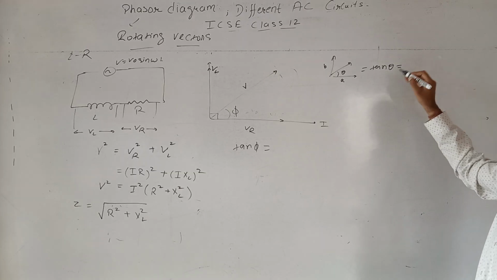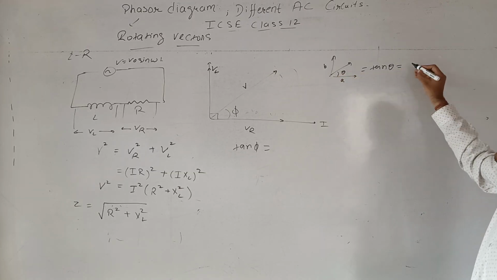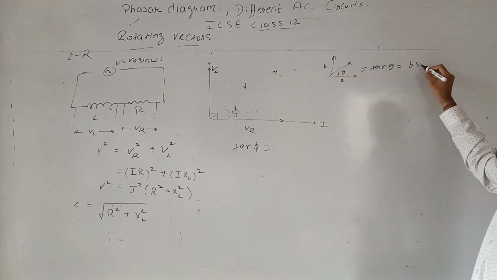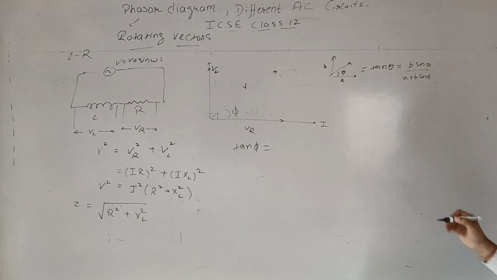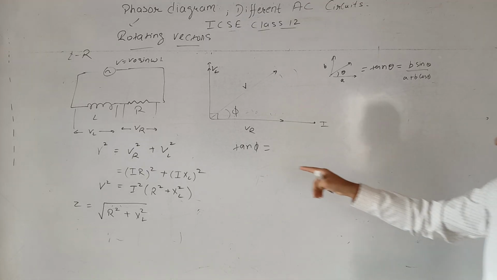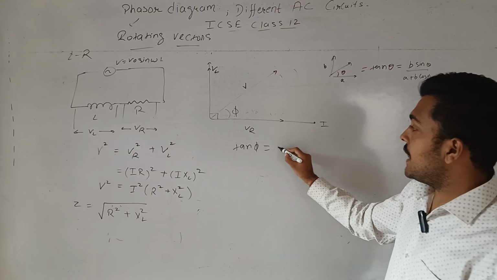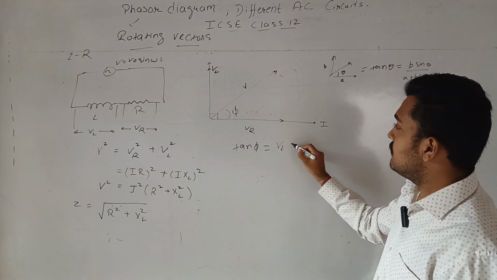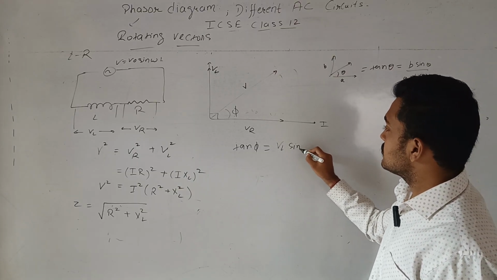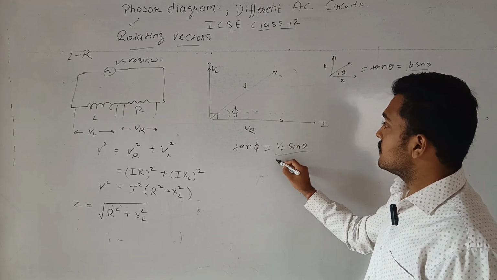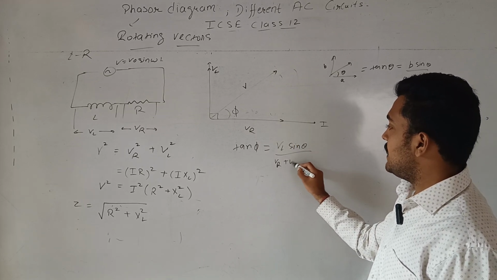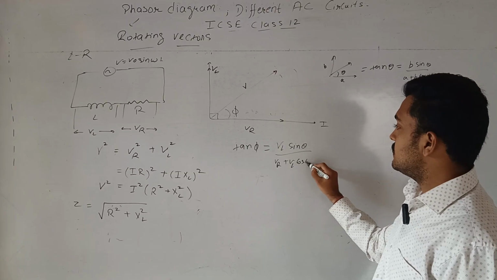What is tan theta? It is equal to b sin theta upon a plus b cos theta. Here also, tan phi will be VL sin theta divided by VR plus VL cos theta.